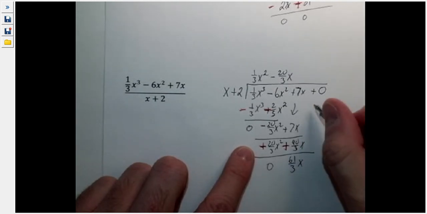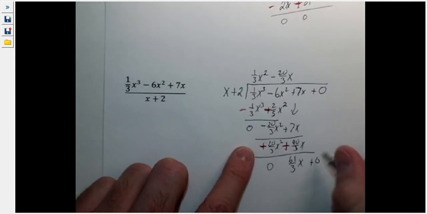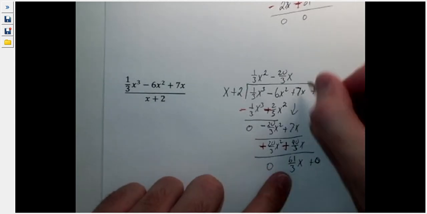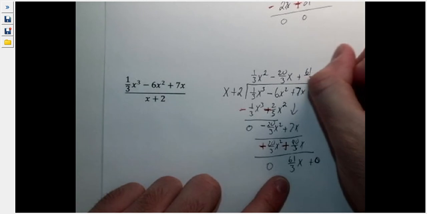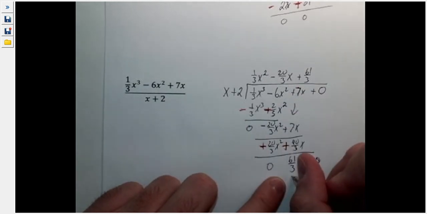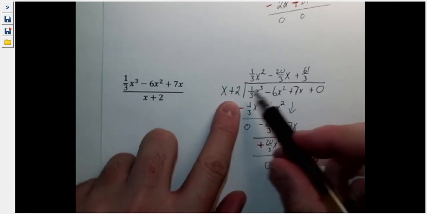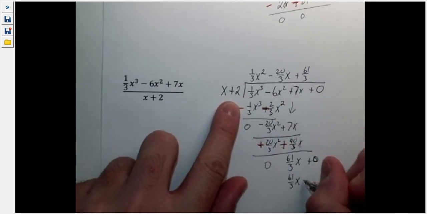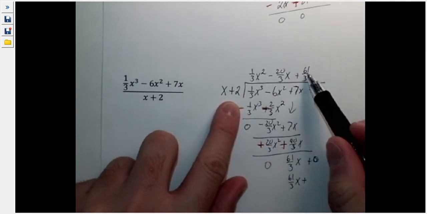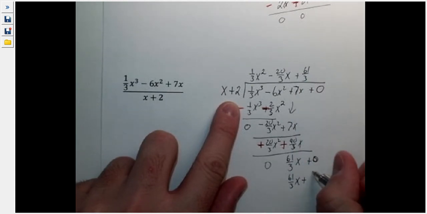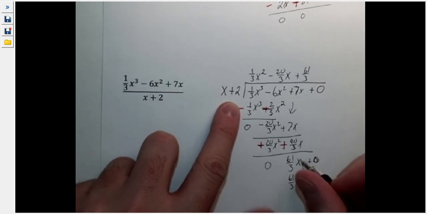Then you bring down the 0. And the last one's going to be easy. It's positive 61 over 3. And you get 61 over 3x. And then multiply that by 2. So it's going to be positive 61 times 2. That's 122 over 3.